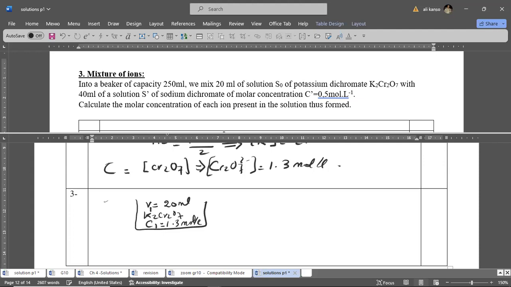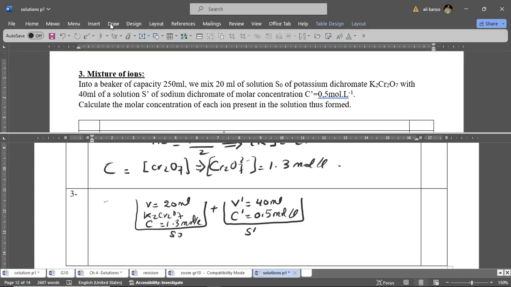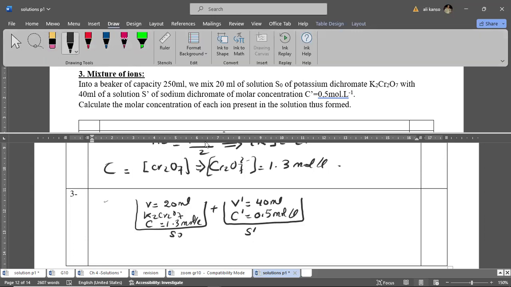It is to be mixed with another solution. This is S0, this is S prime. S prime contains a volume V prime equal to 40 milliliters and concentration C prime 0.5 mole per liter. The solution has volume V0 and constant concentration.